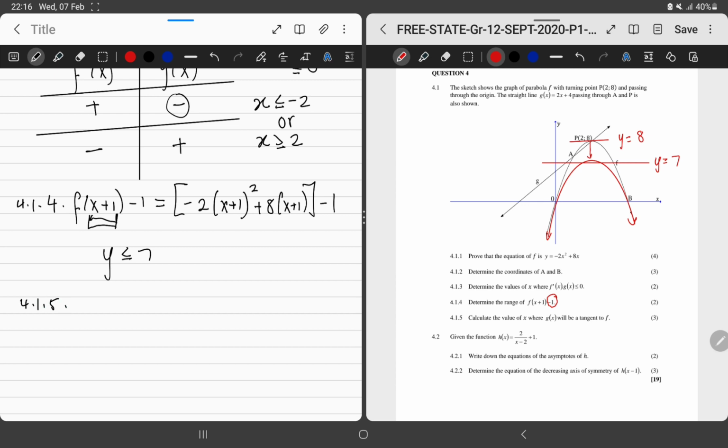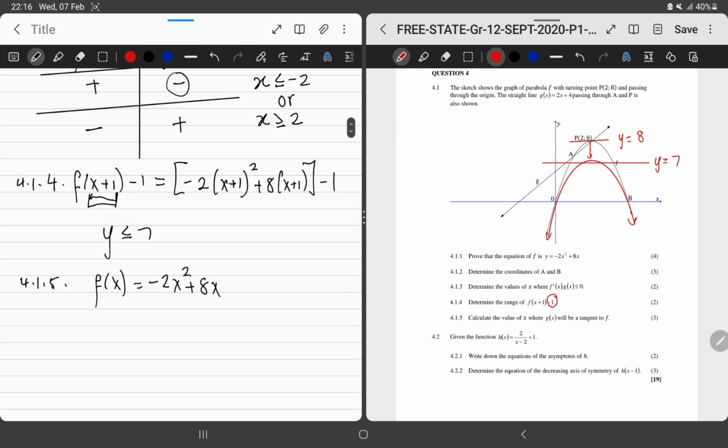4.1.5. Calculate the x value where g of x will be a tangent. f of x is equal to minus 2x squared plus 8x. The gradient of g is 2. So I want to find what the x value is when the gradient is 2. I need to find the derivative of this.